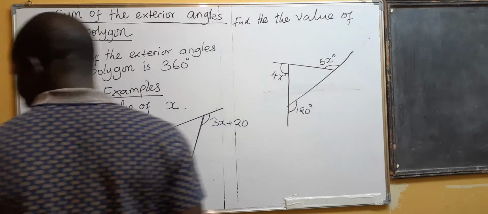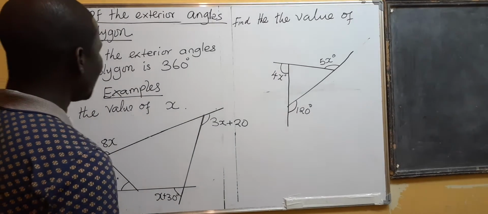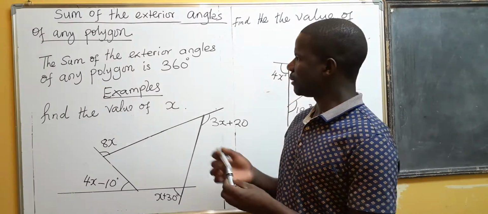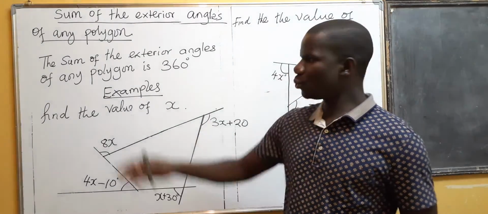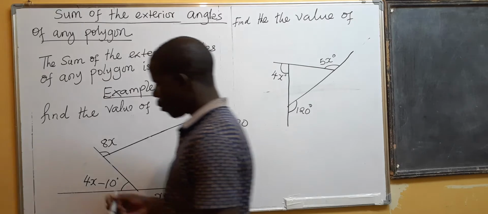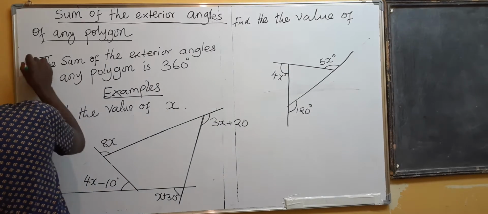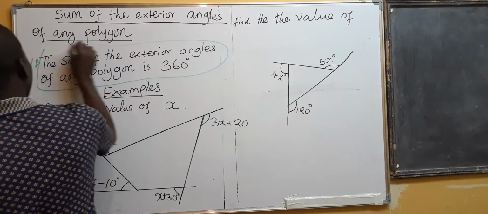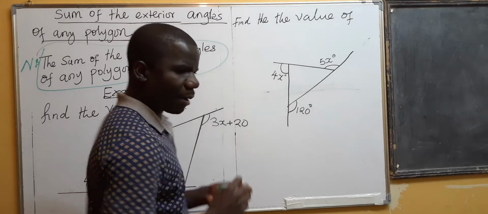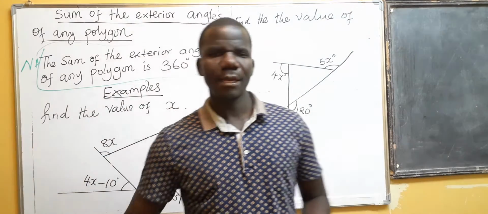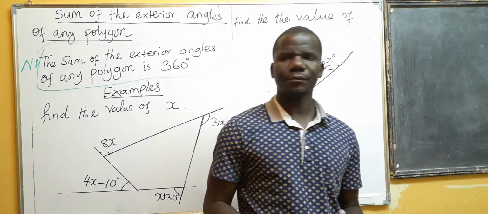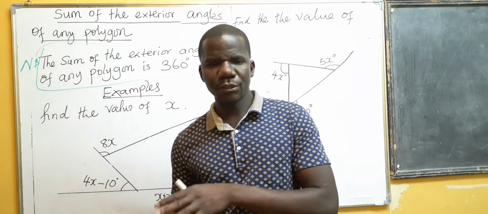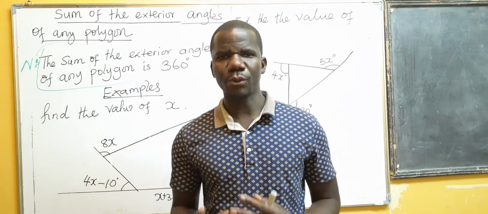Now here there's a sticking point. This must sink into us. We need to master this point. If you remember where we are coming from, we were looking at the sum of the interior angles of any polygon.